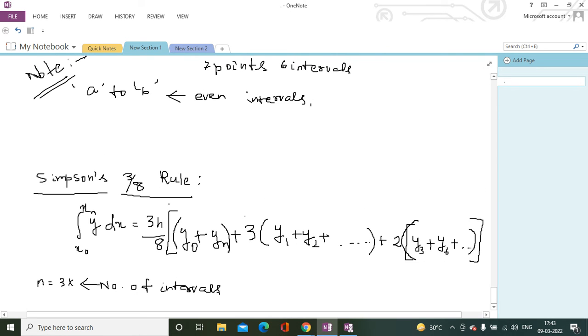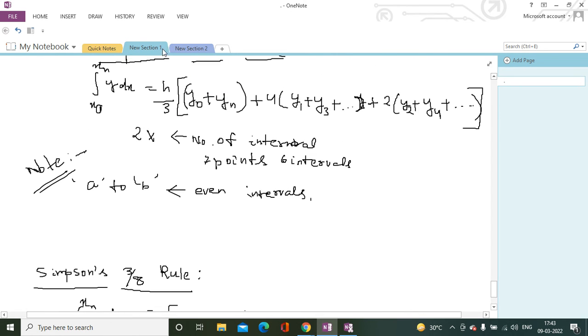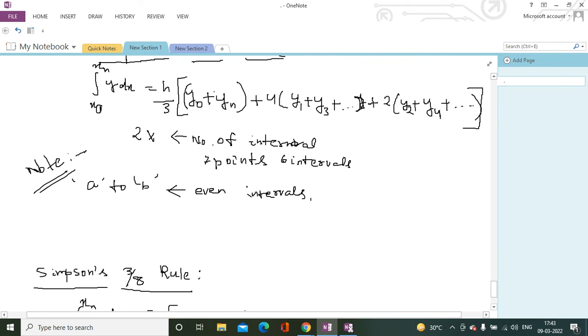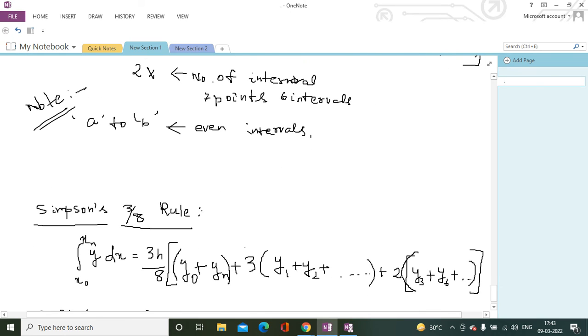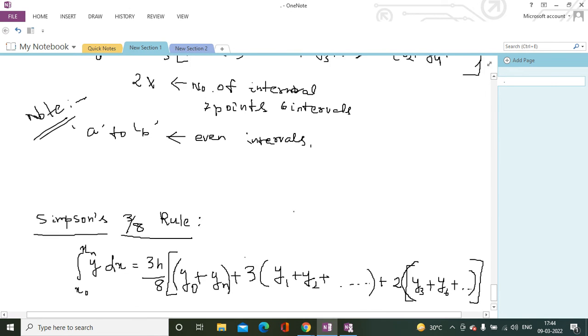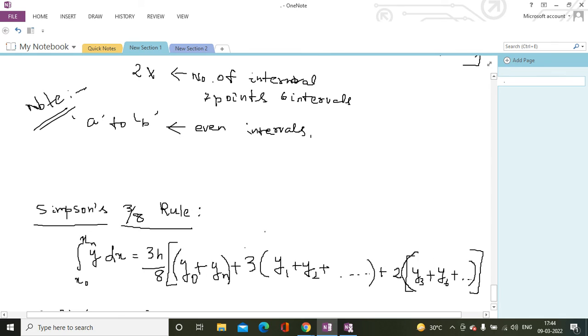I would say it will be easy for you to remember if you do like this. In case of Simpson's one-third rule, it is h by 3, and in case of Simpson's 3 by 8 rule, it is 3h by 8. Then the first term and last term are common in both cases. In Simpson's one-third rule, we are using 1, 4 and 2, and here it is 1, 3 and 2.